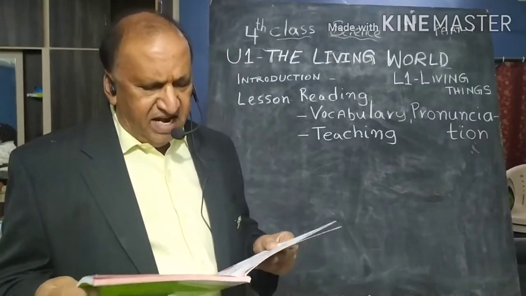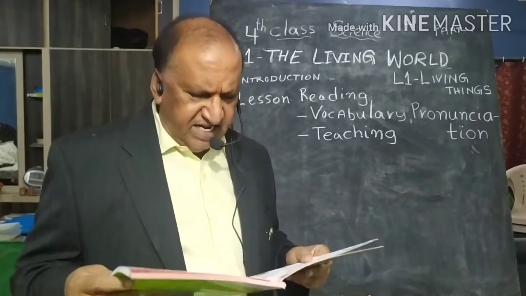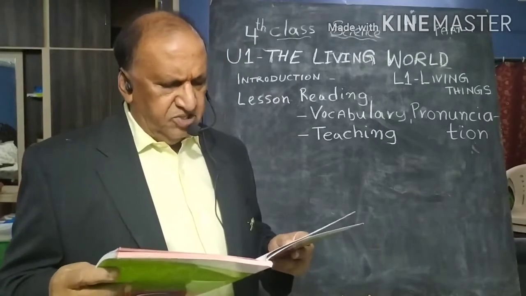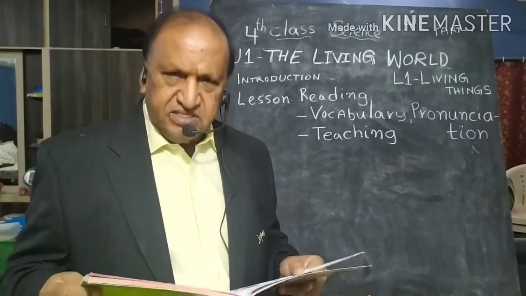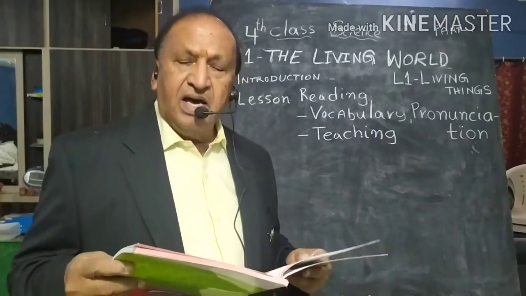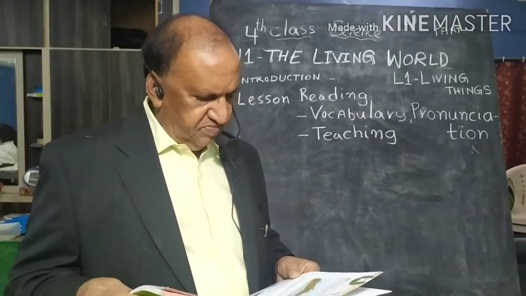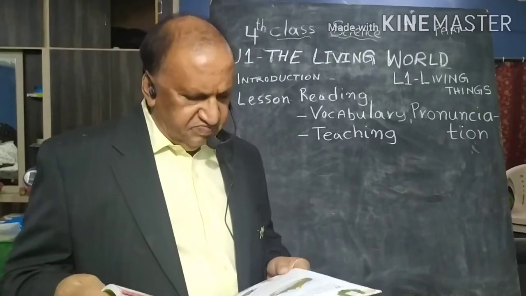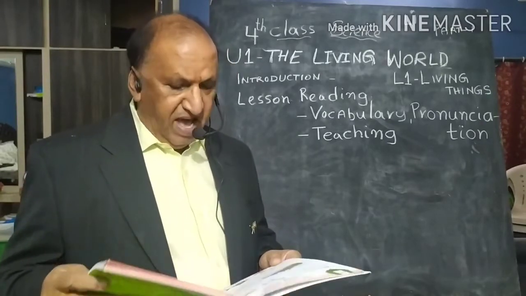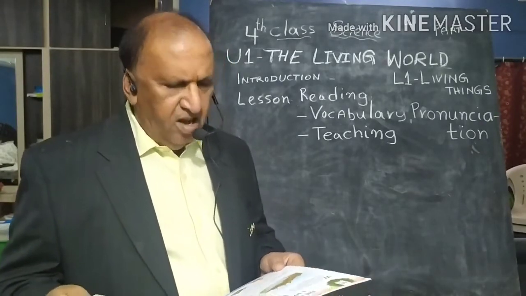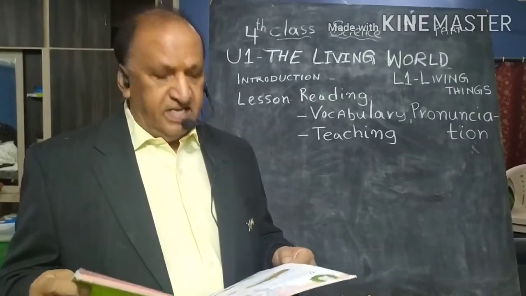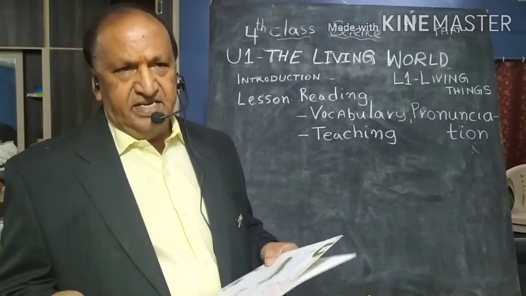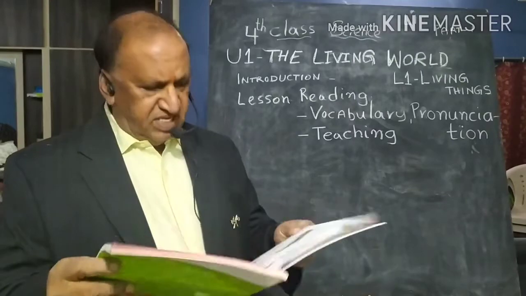For example, hills, mountains, rocks, streams, rivers, etc. are natural things. Table, chair, pen, pencil, paper, etc. are man-made things. These are all man-made, non-living things.